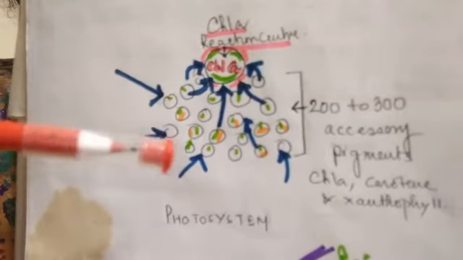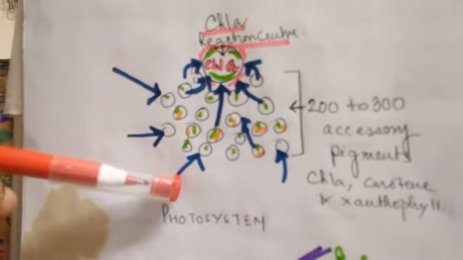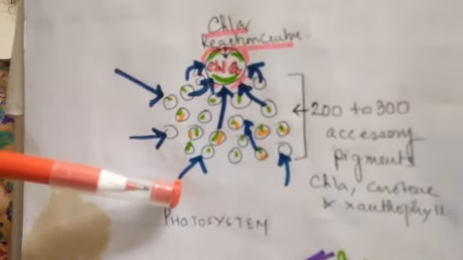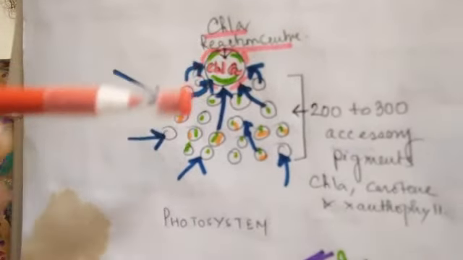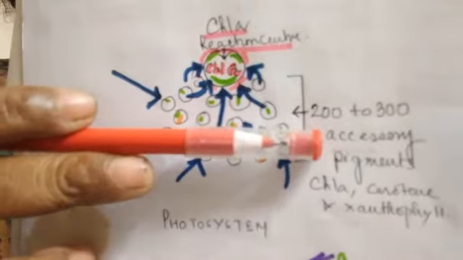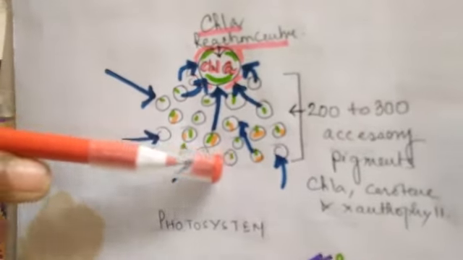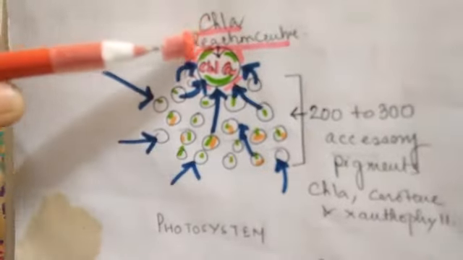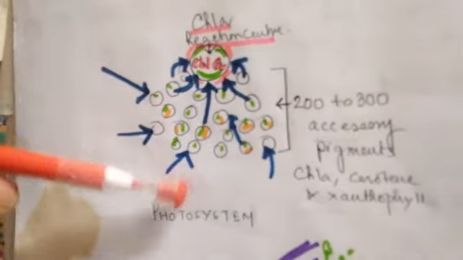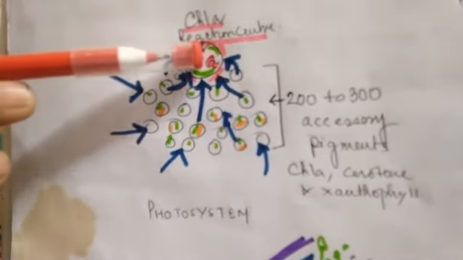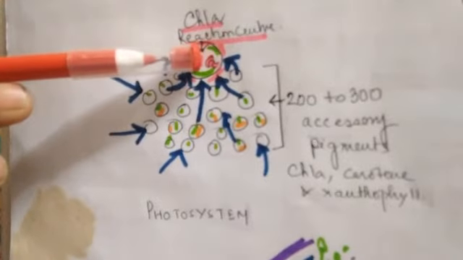Another thing which we want to discuss here is the light harvesting complex. Now what is a light harvesting complex? We know that the pigments essential for photosynthesis are chlorophyll A, chlorophyll B, carotene and xanthophyll. They all remain together in a complex form which is called the light harvesting complex. In a light harvesting complex, at the center there is chlorophyll A, which acts as the reaction center.